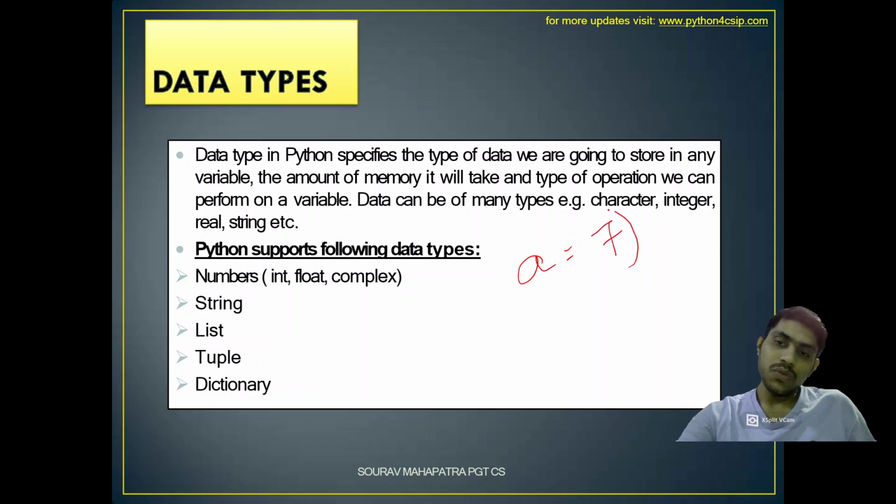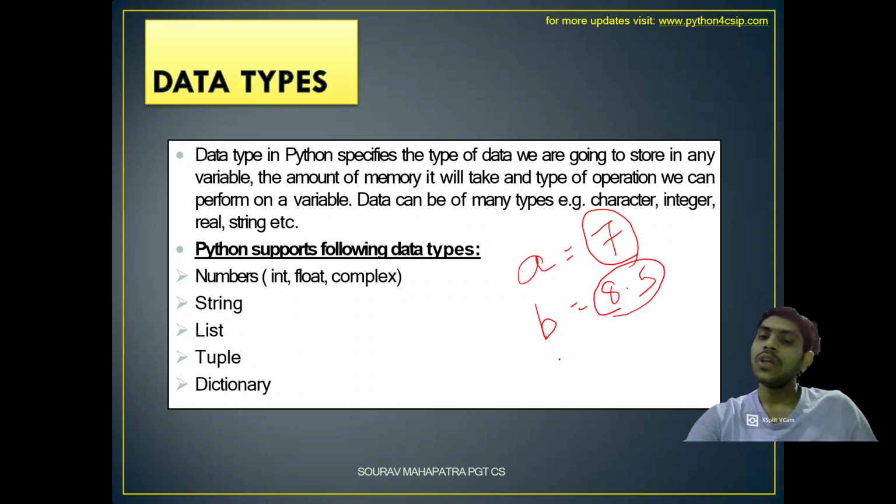The 7 is one type of data or not? Can you tell me yes or no? Suppose I take b equal to 8.5. 8.5 is one data or not? So c equal to hello.